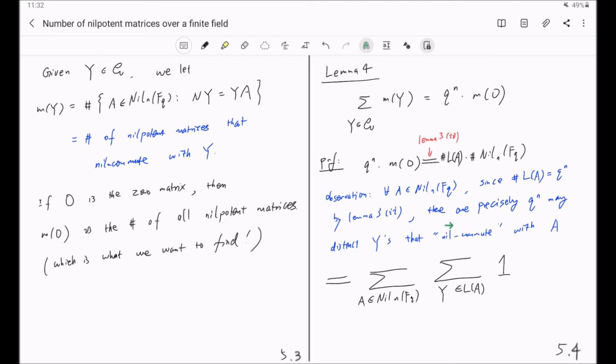So by the remark in this blue, this product of cardinalities will be same as this sum.